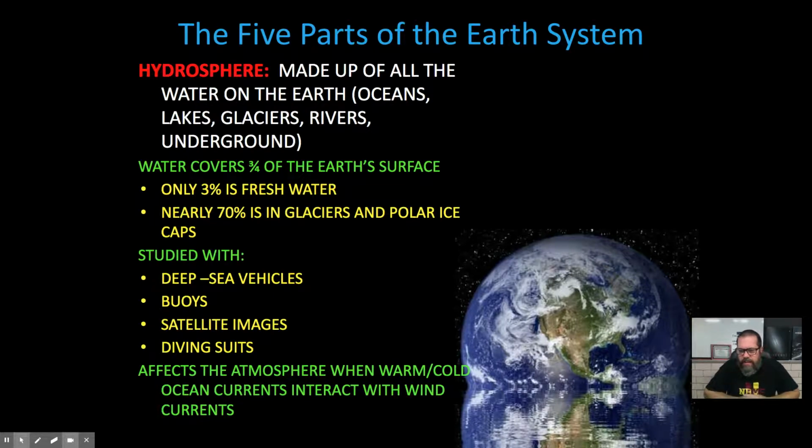All right. So as the wind passes over a warm or a cool ocean current, the air above will pick up the properties of that, which would be cold and moist. So you'll have a cool, moist air mass moving in a particular direction. That's one way that the hydrosphere and the atmosphere interact.